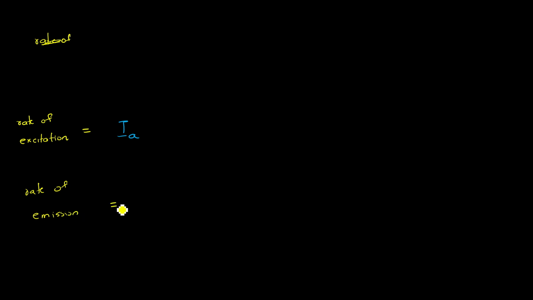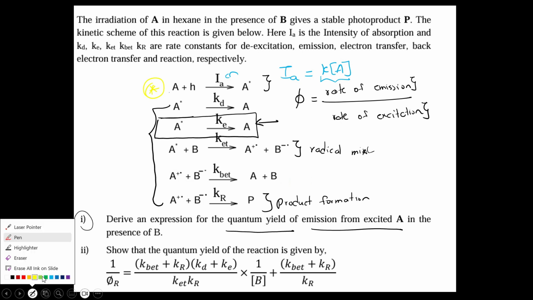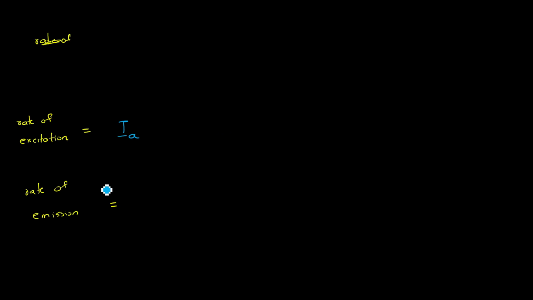For the rate of emission, you can see here, this is the step we are going to focus on. So let's write the rate expression based on that step. We have Ke, the rate constant, and the excited A. This is the rate expression for the emission process.